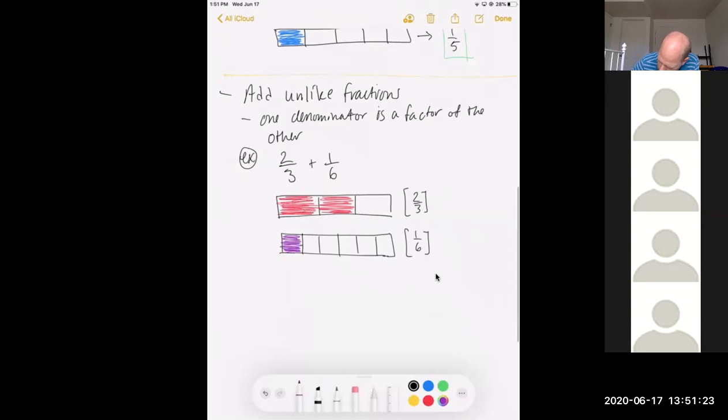So I'm going to draw a new bar. And this, I'm going to divide into the thirds. And here are my 2/3 shaded.